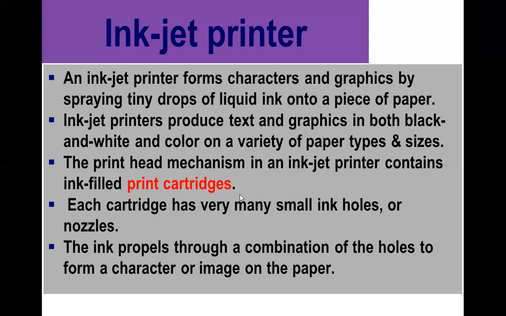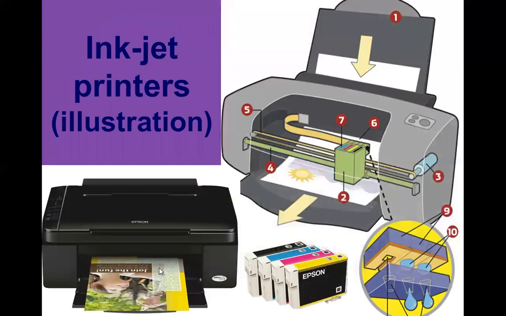So the ink propels through the combination of the holes to form a character or an image on the paper. So they form these characters by spraying tiny drops of liquid ink. So far, these are some of the examples of the inkjet printers. Those are the diagrams.